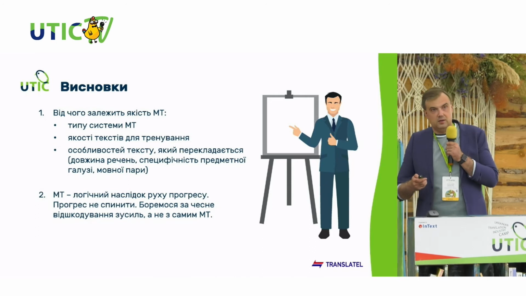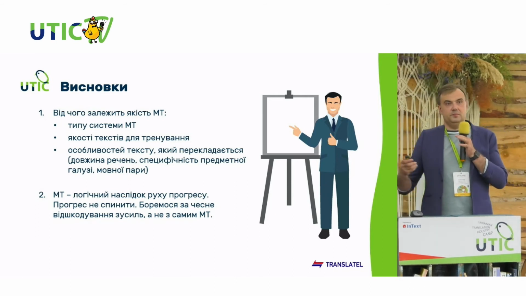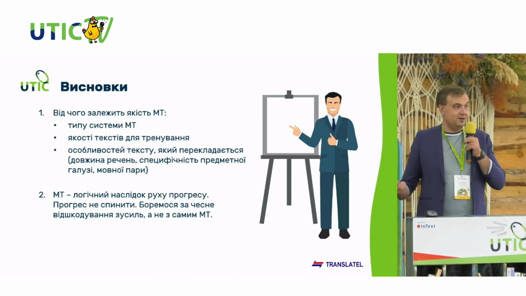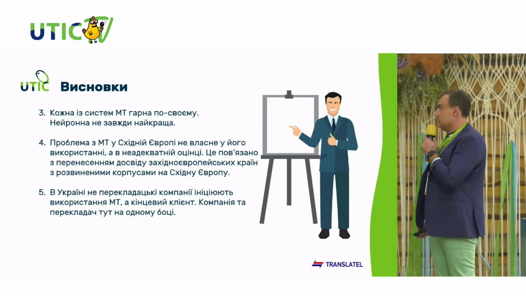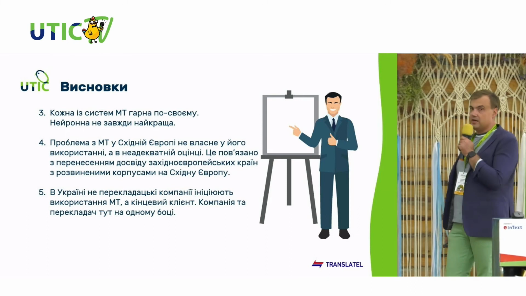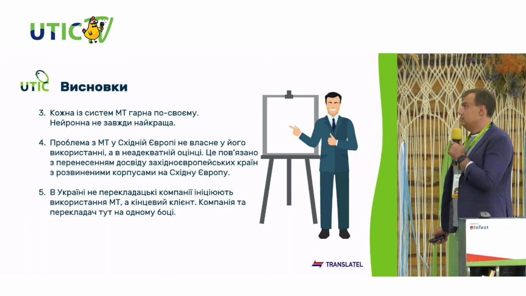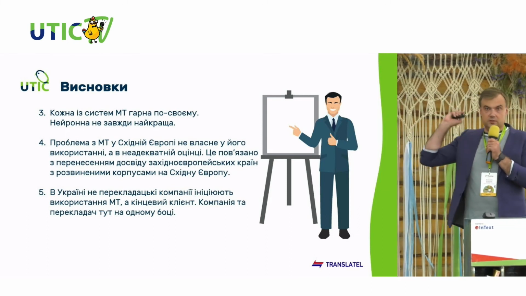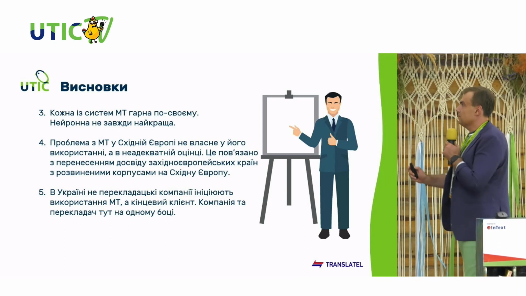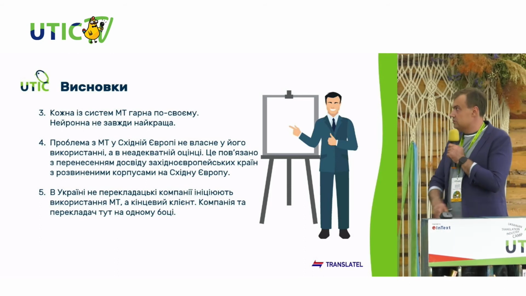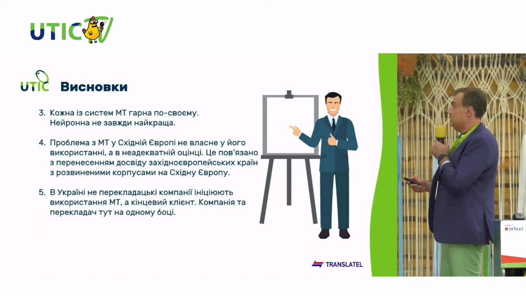You should not fight with it. Fighting with the MT sphere is the same as trying to fight with a train. Each MT system is good in its own niche, and neural MT is not always the best option. The second case was a statistical case, and there was a hybrid, statistics plus neural.